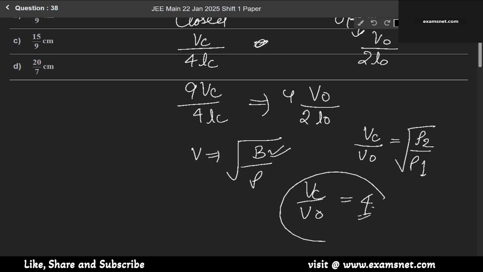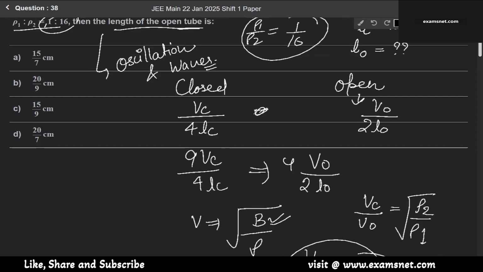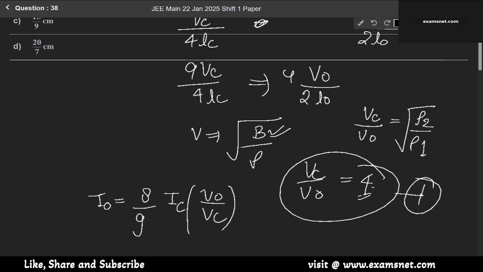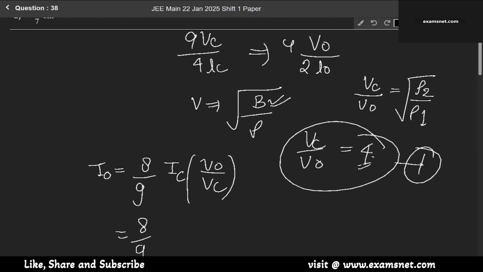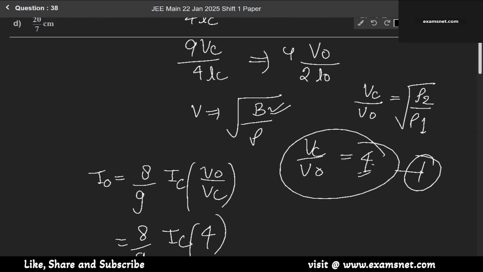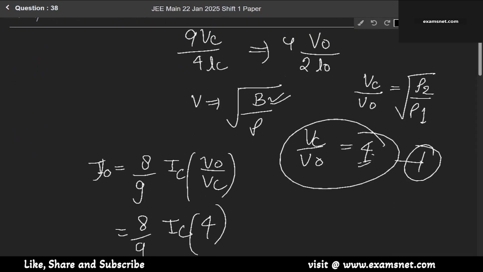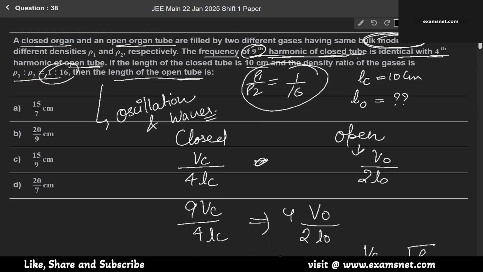Now applying this condition, Vc over V naught equals 4, in this equation we get L naught will be equal to 8 over 9 Lc times V naught over Vc. Now solving it, L naught equals 8 over 9 Lc into V naught over Vc, and we are given Lc as 10 centimeter.